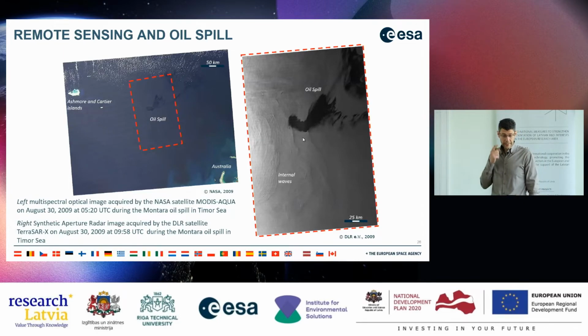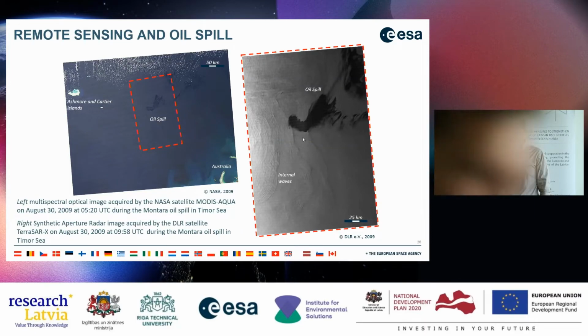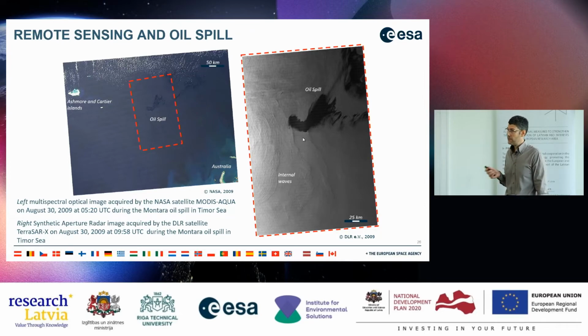Some examples, finally. Here you see two pictures comparing an oil spill. On the left-hand side, you have a multispectral optical image acquired by the MODIS Aqua satellite from NASA. This was acquired during an oil spill on an oil platform in the Timor Sea, close to Australia.